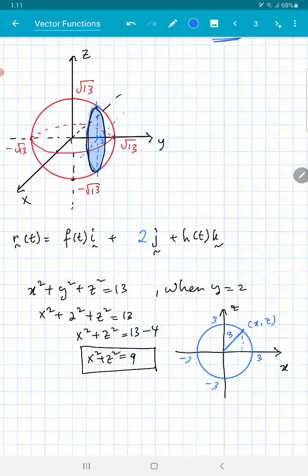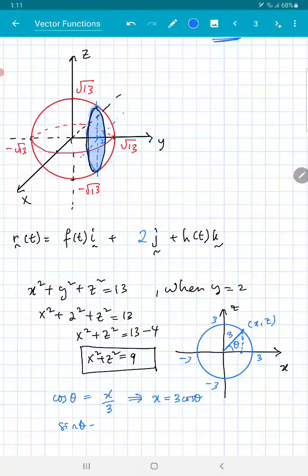We can draw a triangle, and let's say this is an angle theta. From the right triangle, cos theta is adjacent divided by hypotenuse. The adjacent is x and the hypotenuse is 3, so x is 3 cos theta. For sine theta, it is opposite divided by hypotenuse.